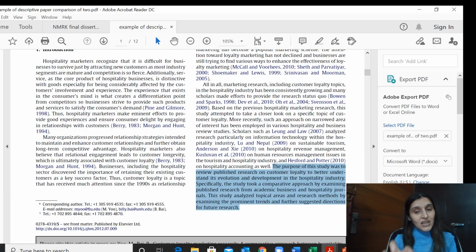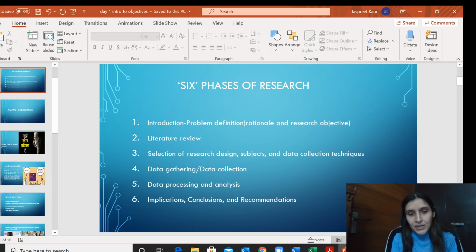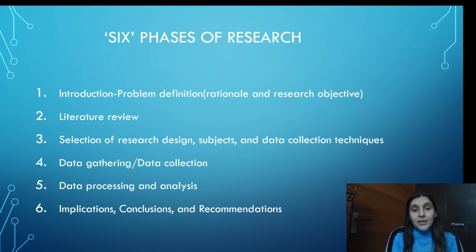This study area has not been done ever in past research. So this paragraph tells you what the author is about to do. And a similar method applies when you are making your PhD thesis or writing your research paper. So this is about introduction and problem definition.